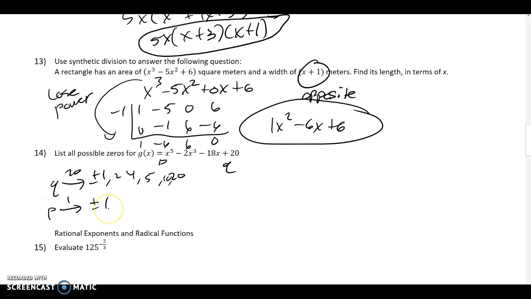There's only one way to get 1. So all of our possible zeros is when we take this list of 1, 2, 4, 5, 10, and 20 and divide it by the other list. And remember, every single one of these is plus or minus. Okay?